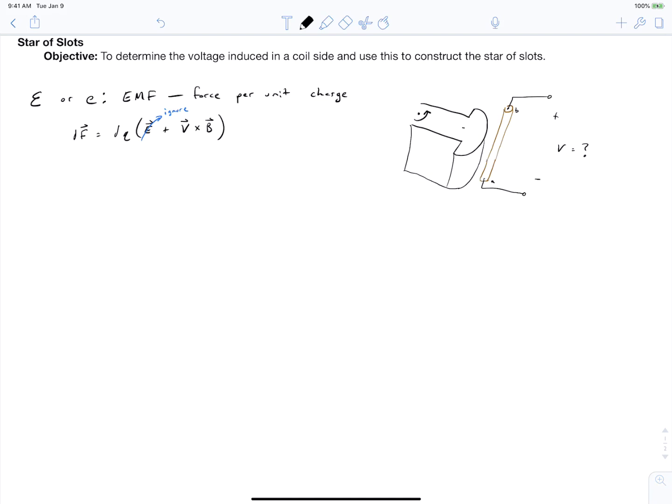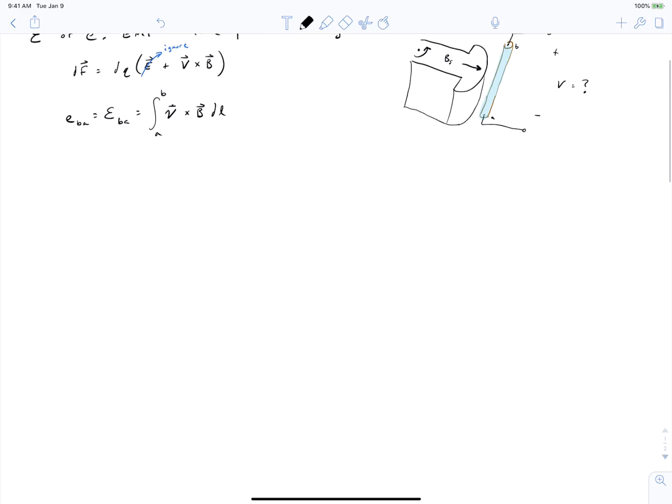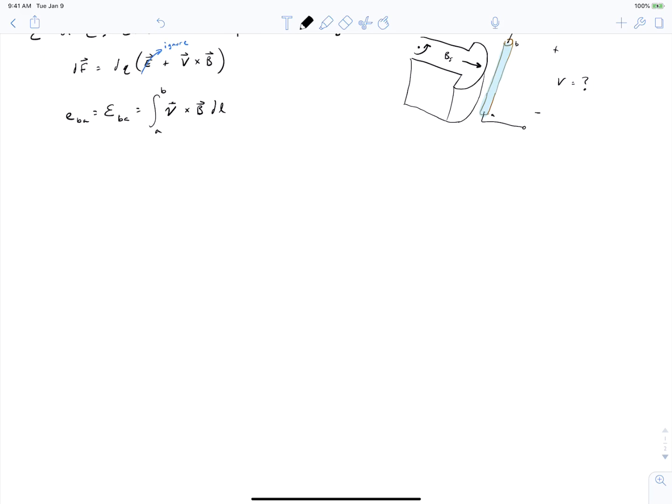Remember, the pole face of our rotor is carrying a magnetic field. And we're going to do that by integrating our force per unit charge. So we'll figure out this voltage by integrating along this length here. And let's back up and consider a simpler example before we tackle the case of a rotating electric machine.